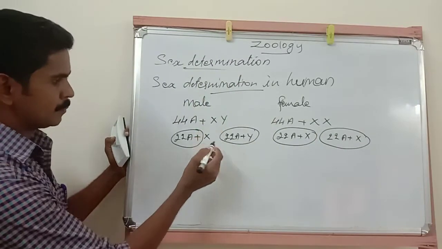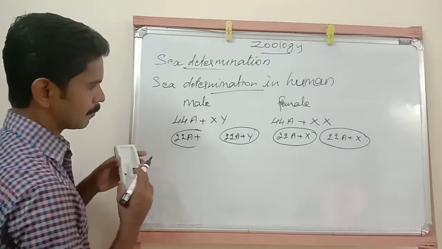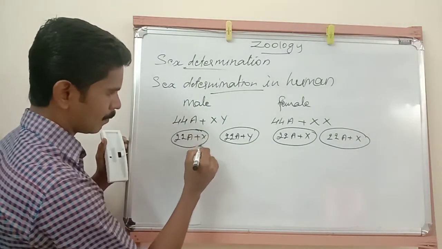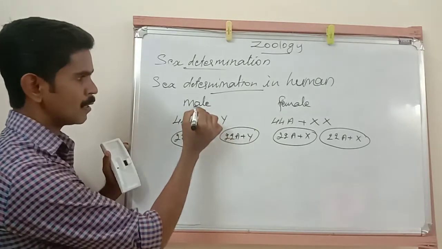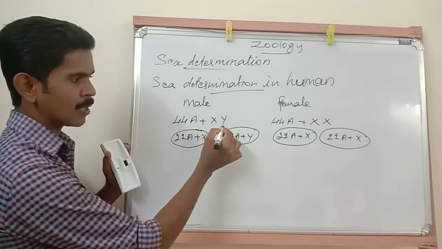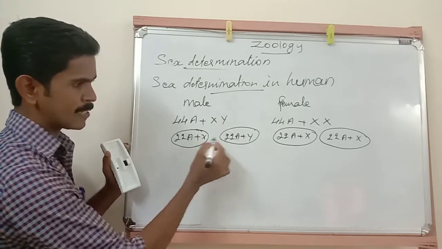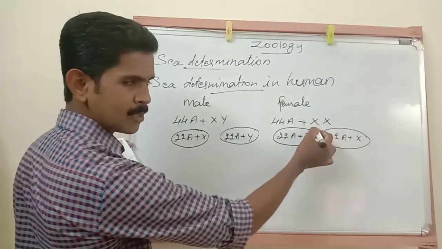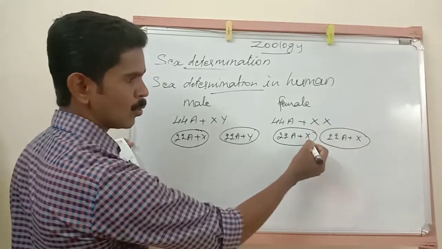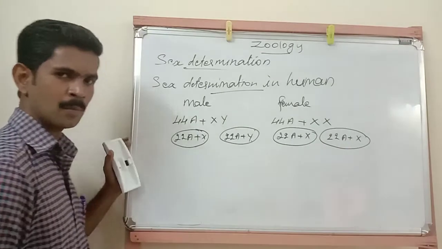So two sex chromosomes are present in male. One is an X chromosome and another one is a Y chromosome. Here I have taken the X chromosome, and here I have taken the Y chromosome. In female, both sex chromosomes are X. So this is one X chromosome, and this is the second X chromosome.